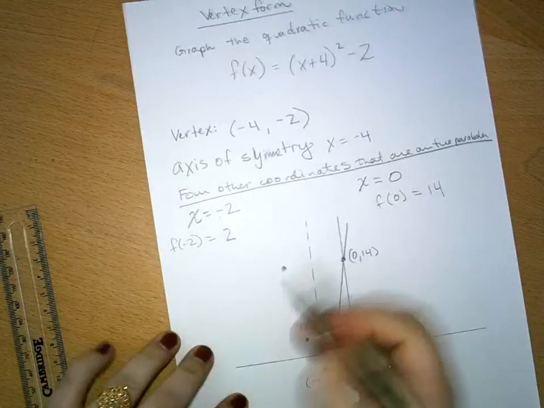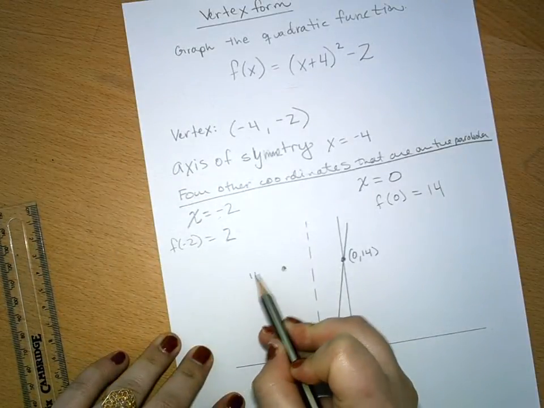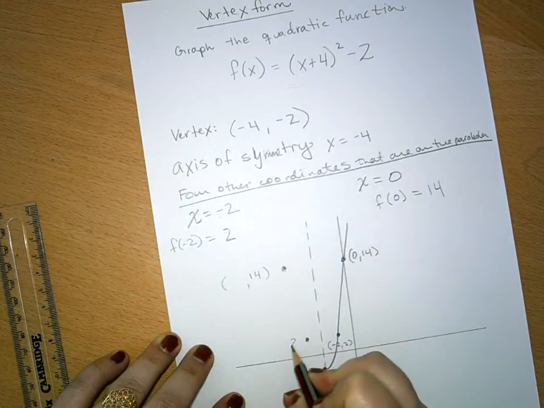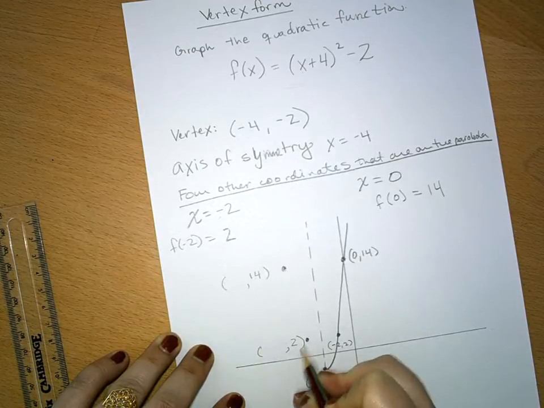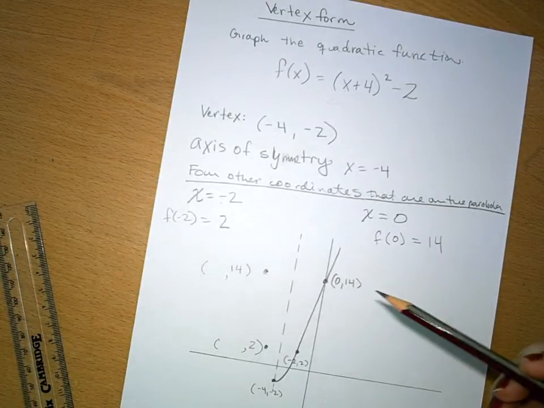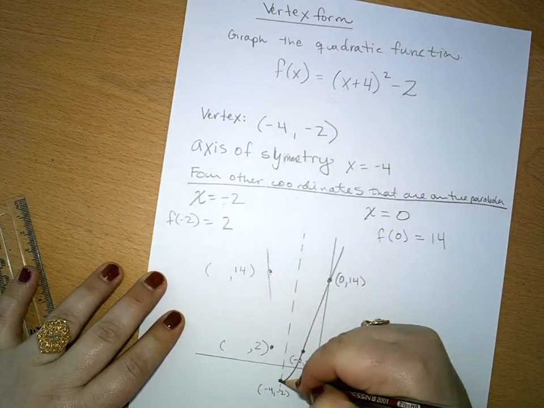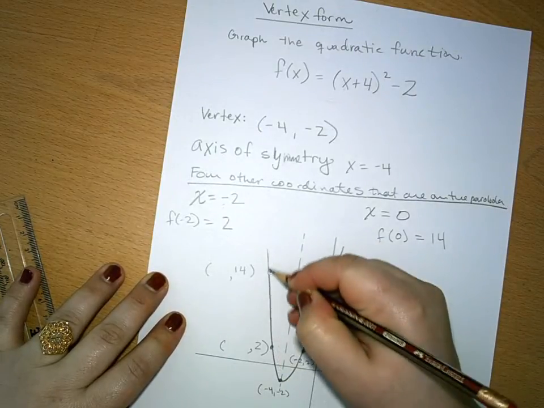So now we know that this coordinate has an output of 14. And we know this coordinate has an output of 2 because of the symmetry of the parabola. Now I can go ahead and draw in my parabola because I know where the other 2 coordinates are located.